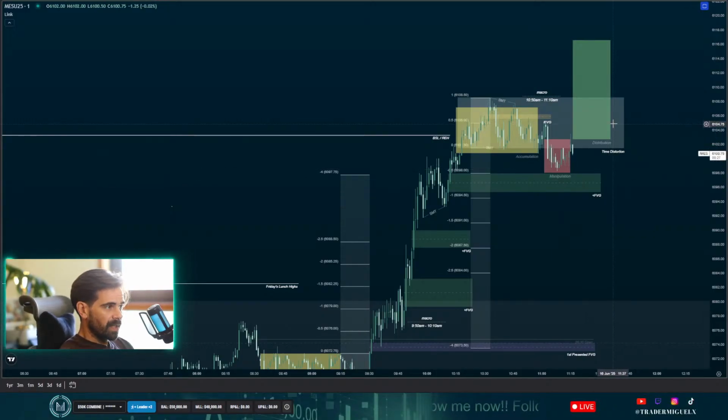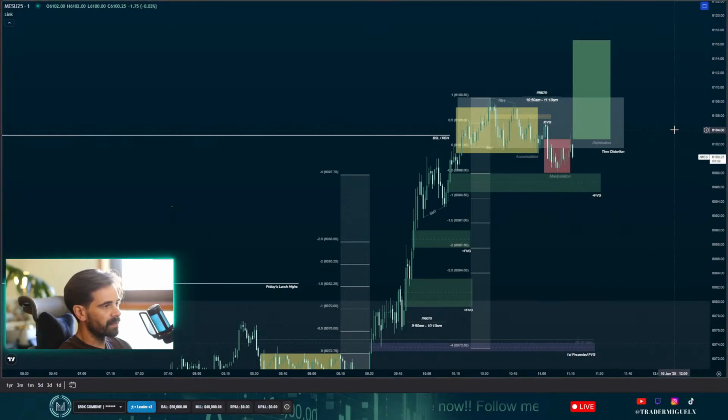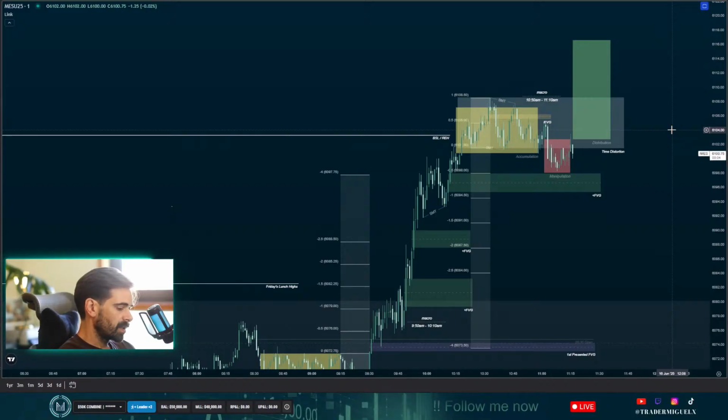But yeah, this can eventually take a long time here since indices are not clean at all. NQ almost made a new high, so NQ is trading way above ES now. So this is not the time window to open any type of position, honestly.